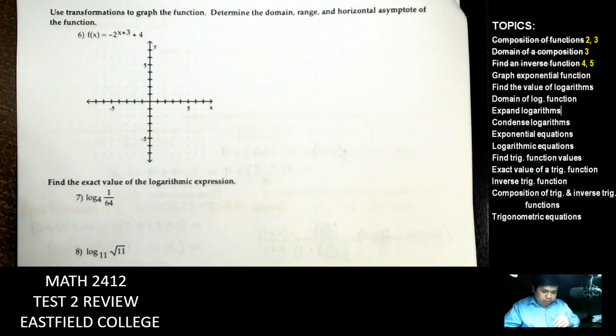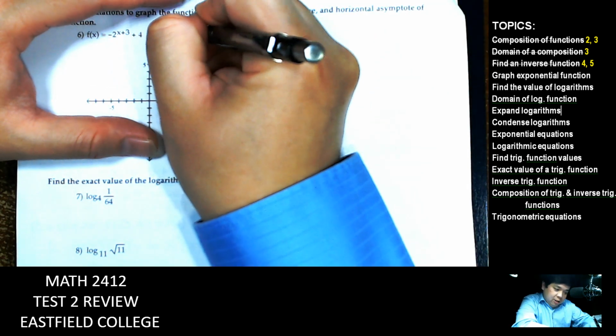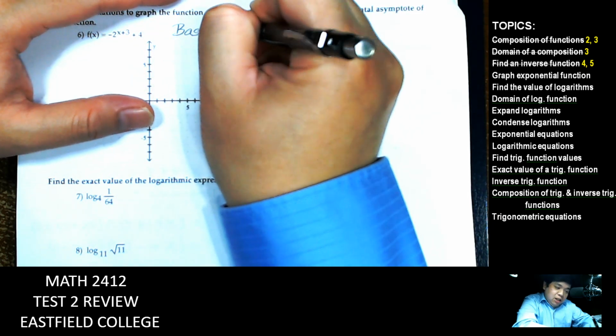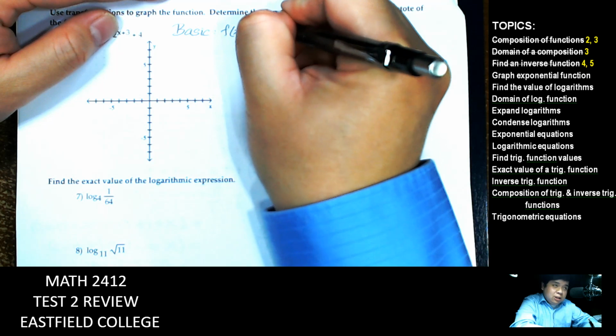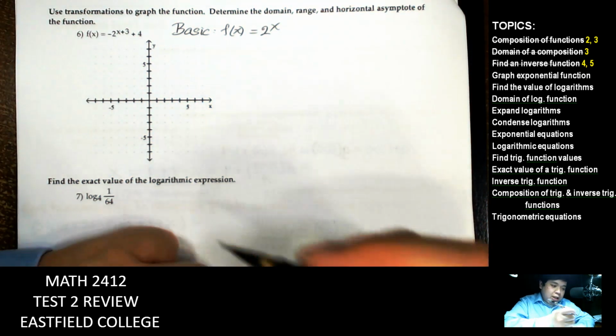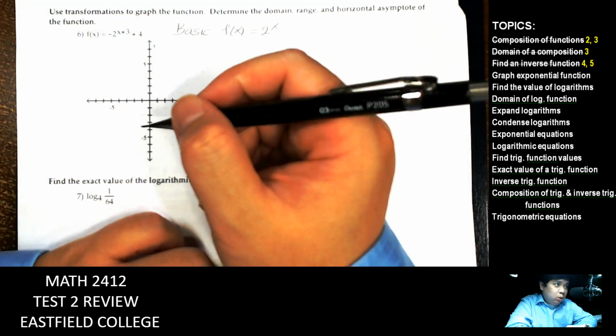First, I just want to get the basic properties of exponential function. So we have the basic function, in this case is 2 to the x power. And the basic of this function, we have two characteristics.